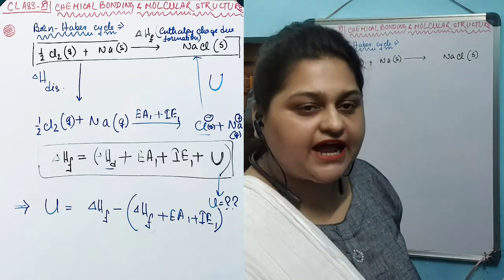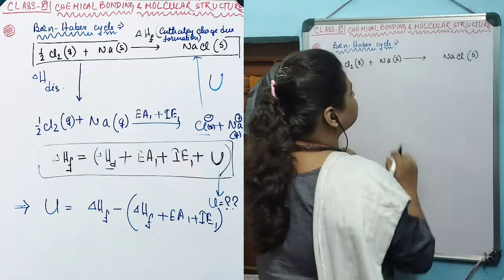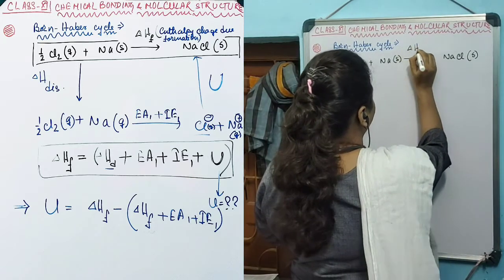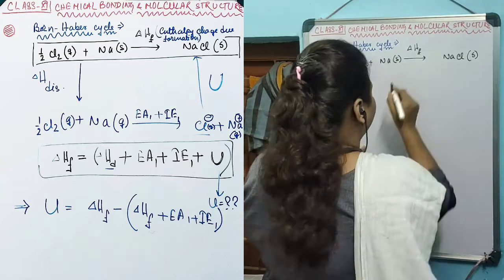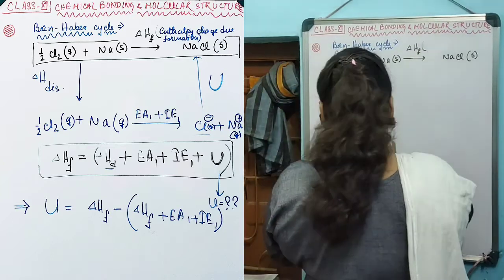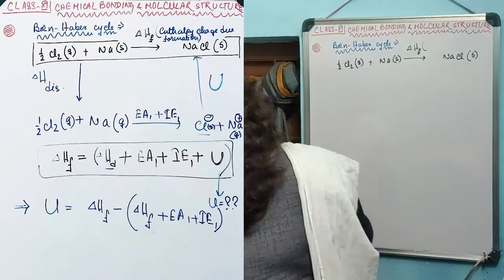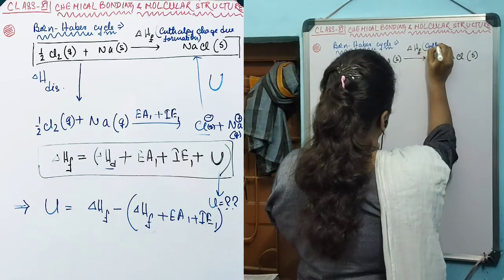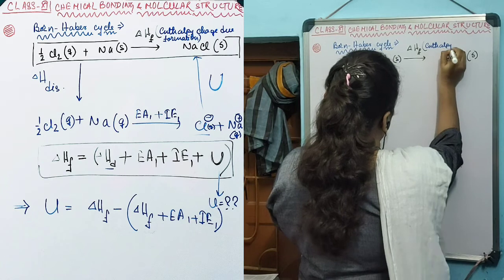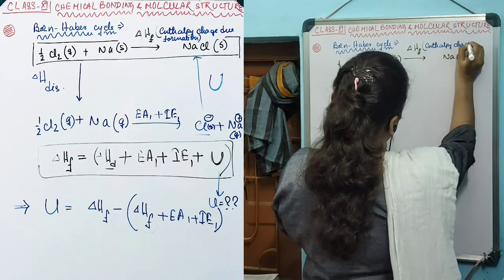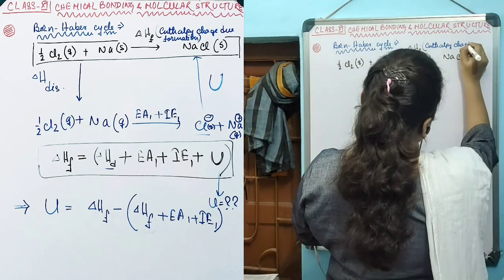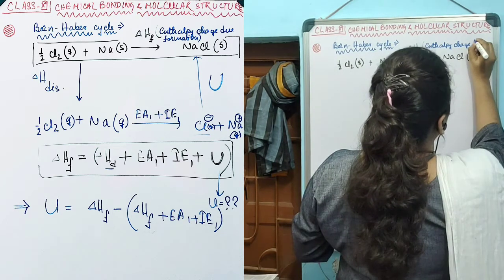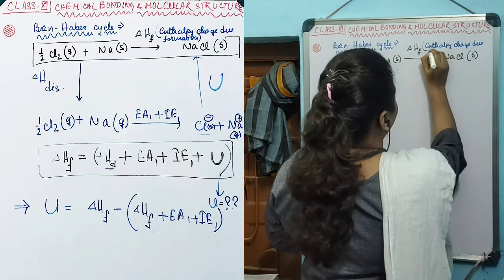The energy associated with this reaction is given by delta H F. Now delta H F is the formation enthalpy, the enthalpy change due to the formation of this compound.